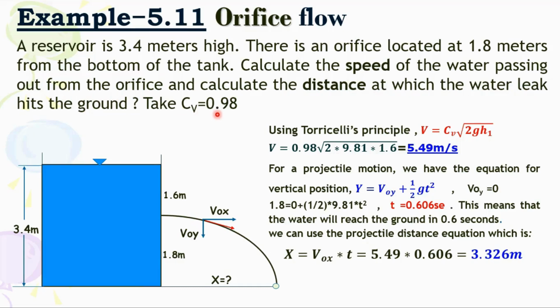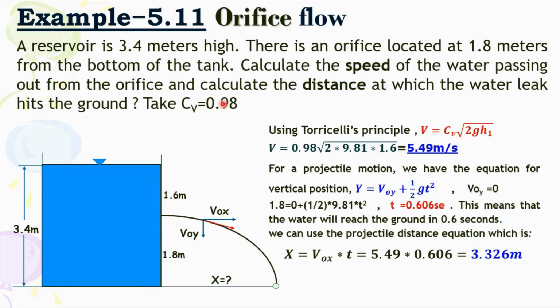You have 0.98. Actually, for orifices you have different shapes. You may have, for example, sharp-edged orifice, rounded orifice, and sometimes rectangular, and sometimes borda orifice, etc. So different coefficients of discharge may be given.